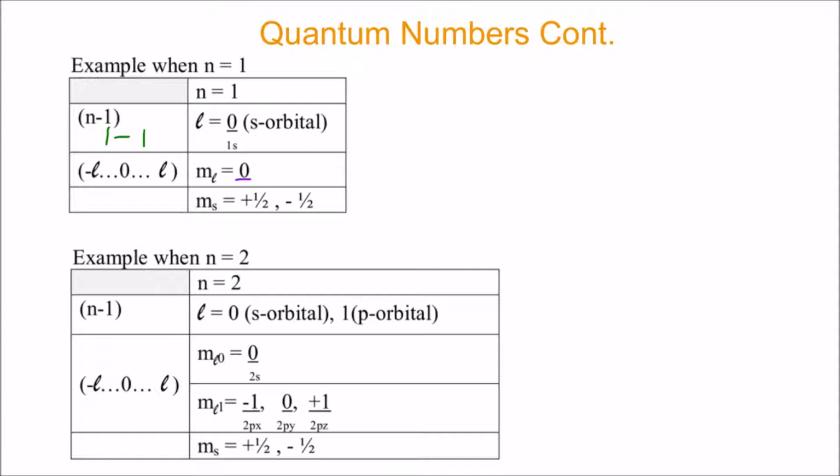So let's look at an example. Let's say we're talking about hydrogen. We know that hydrogen has one electron, and I want to describe that electron with the quantum numbers. Hydrogen is in the first row of the periodic table, so that gives it an n, or principal quantum number, of 1. All of the possible L values are going to be n minus 1, so that would be 1 minus 1, which is 0. That tells me that electron is in an s orbital, so it's going to look like a sphere.